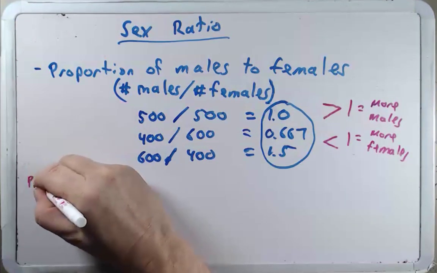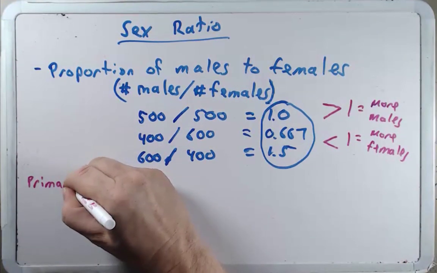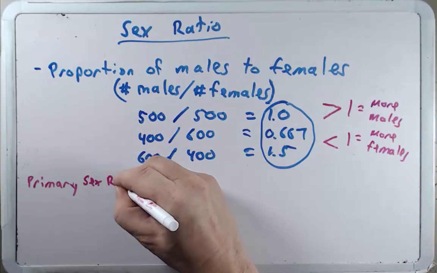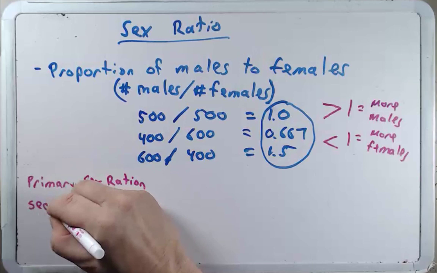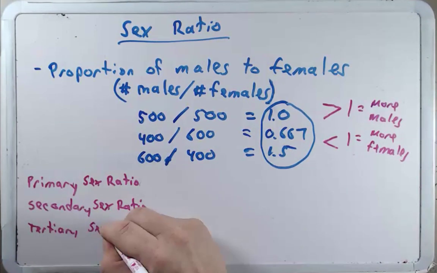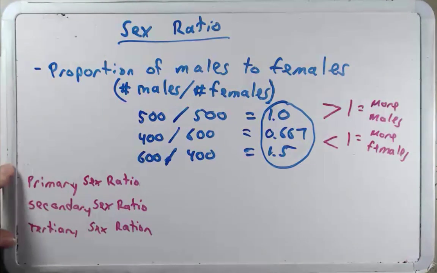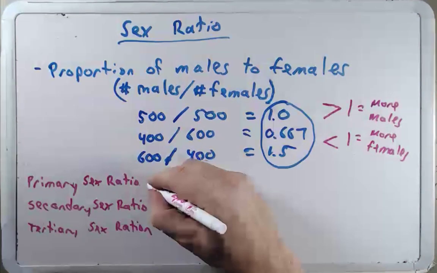Typically, we think of sex ratio, and your book describes 3 levels to them: the primary sex ratio, the secondary sex ratio, and the tertiary sex ratio. Now, all of these will vary quite a bit, as there are various cultural reasons why the sex ratio could change. There are various environmental or disease factors that may affect men more predominantly or may affect women more predominantly. But let's go ahead and talk a little bit more about these.